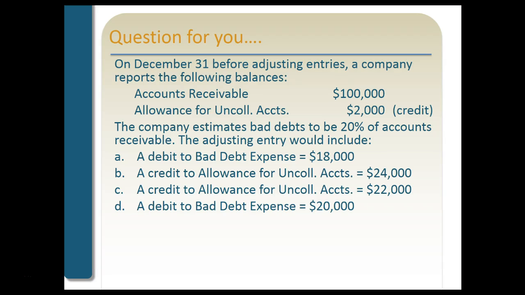The adjusting entry would include A, a debit to bad debt expense of $18,000. B, a credit to allowance for uncollectible accounts of $24,000. C, a credit to allowance for uncollectible accounts for $22,000. Or D, a debit to bad debt expense for $20,000.